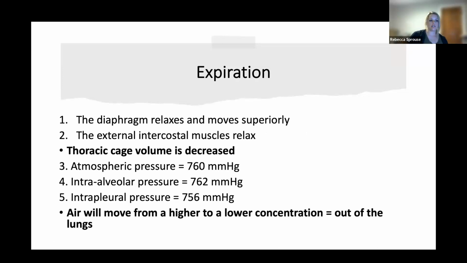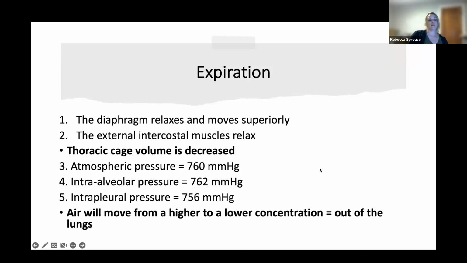So you're decreasing your thoracic cage volume. Atmospheric doesn't change, it's always 760. If you decrease your volume, your pressure goes up. And so your pressure is now going to be slightly higher than atmospheric, and gas moves from an area of high to low concentration. So air is going to move out, and that's expiration or exhalation.